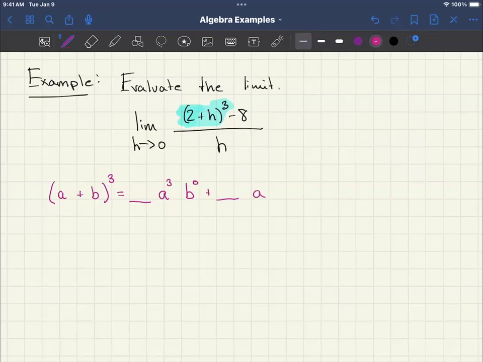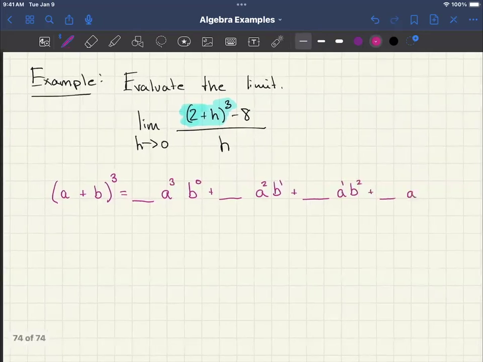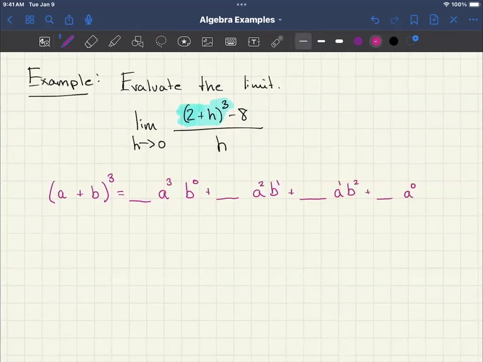We're going to drop our power a by 1 and pick our power b up by 1. Coefficient again. Again, a decreases by 1, b increases by 1. And then we get to our last one, a decreases by 1, b increases by 1.